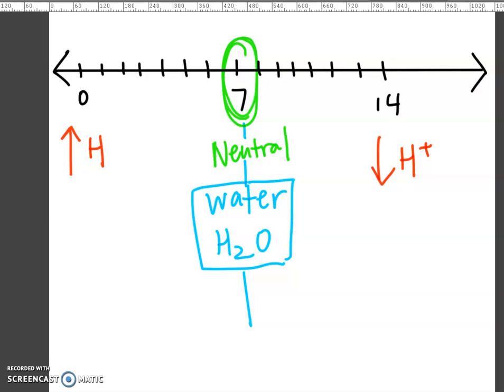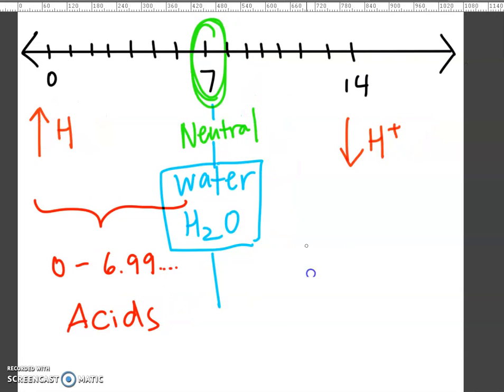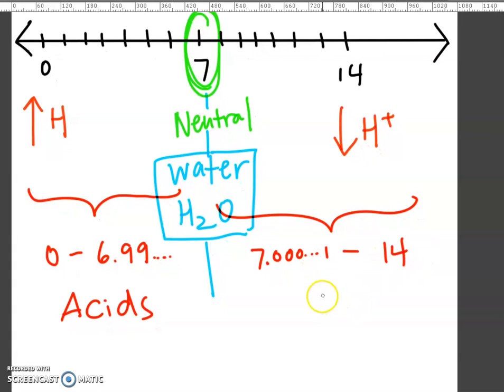Now, on either side of this water, from 0 through 6.999 and so on, we call these acids. And on this side, from 7.000001 to 14 and above, anything bigger than 7, we call these bases.